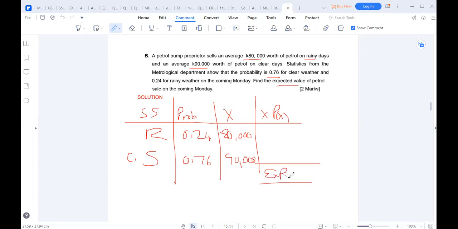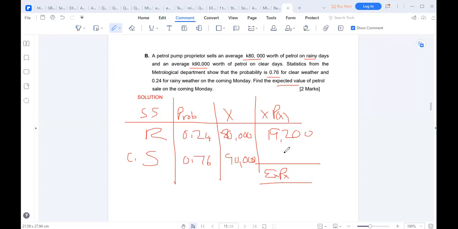What we get is XP(X), which is our value. So what are you getting? 0.24 times 80,000 is 19,200. Yes.